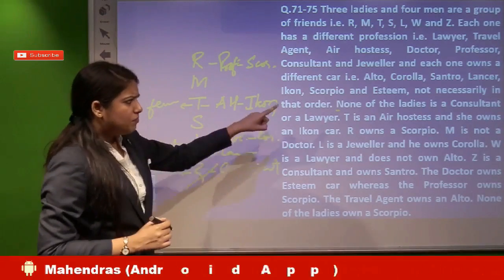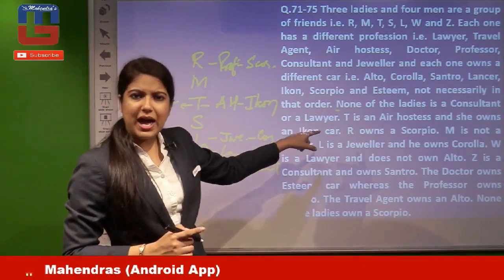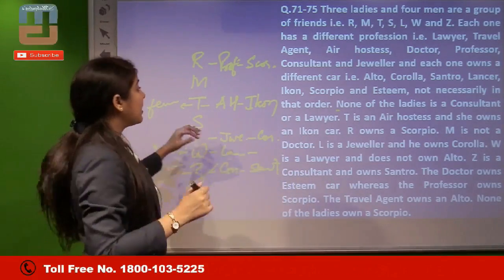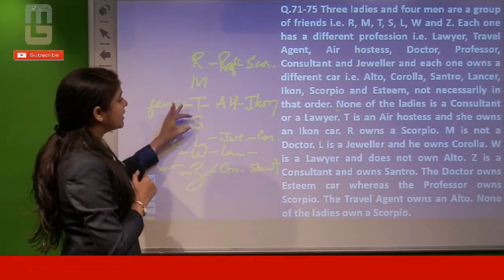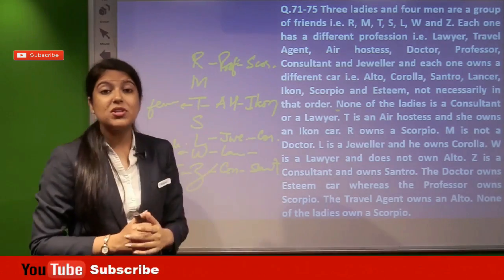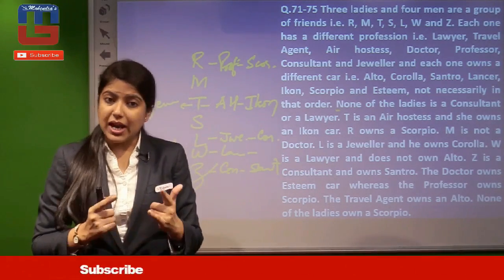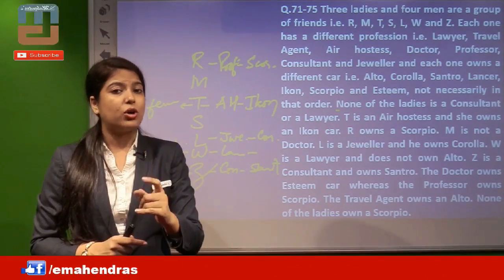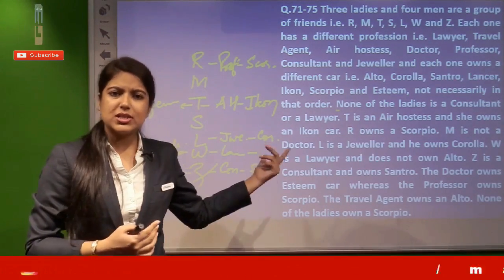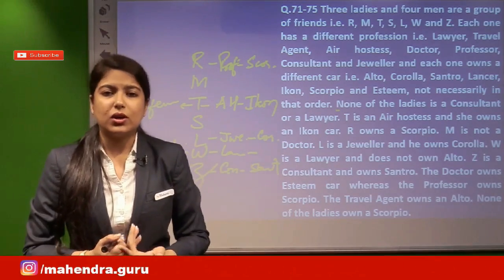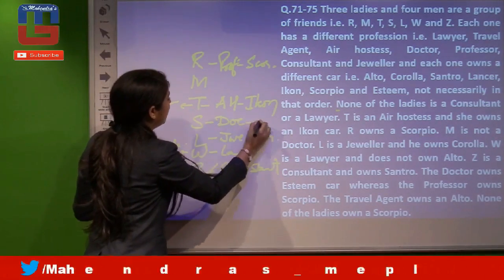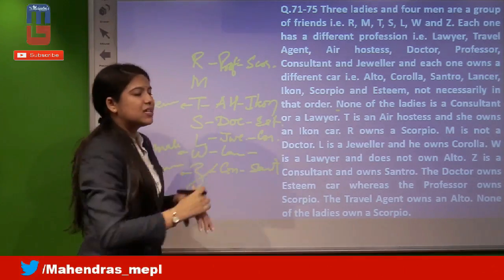In a previous condition, M is not a doctor, and only M and S are left, where we don't know any profession or the car. The question says M is not the doctor, so definitely who is the doctor? S is the doctor, owning the car Esteem.